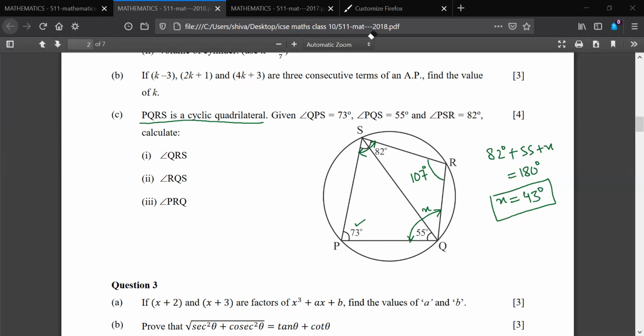X would be 43 degrees. I can check. This is my 98 degree and this is 82 degree. 98 plus 82 is 180 degree. So I'm on the right track. Any doubt till here? No, sir.